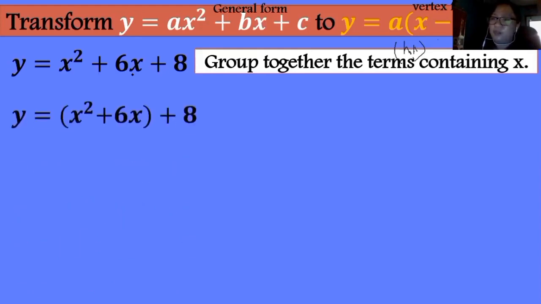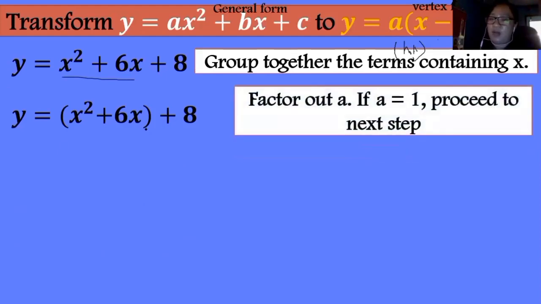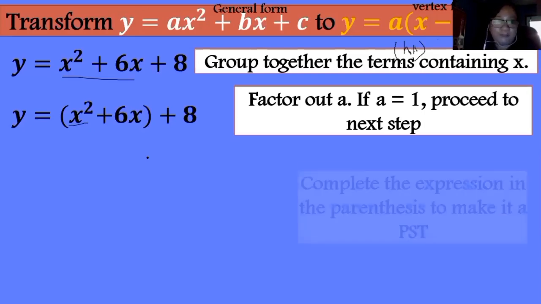The terms containing x are the first two terms, x squared plus 6x, so we group them together by putting a parenthesis. The next step, factor out a. If a is equal to 1, proceed to the next step. Since a is equal to 1 here, we don't have to factor out a.